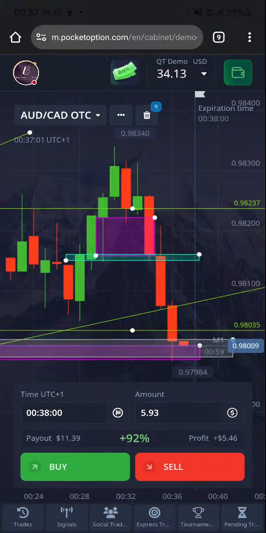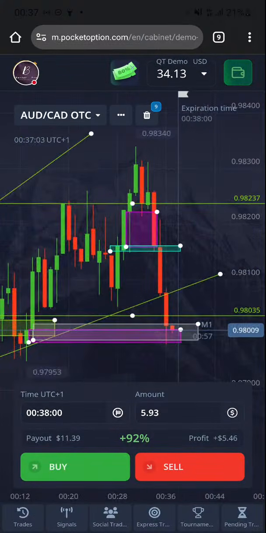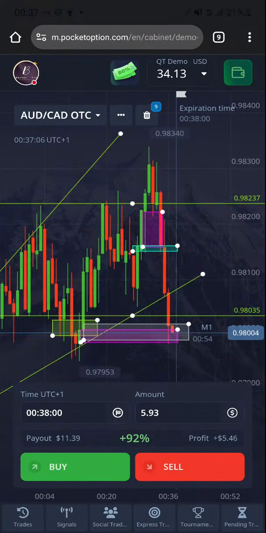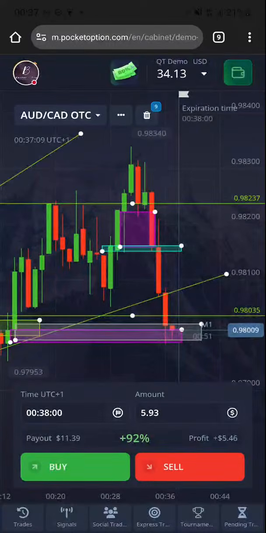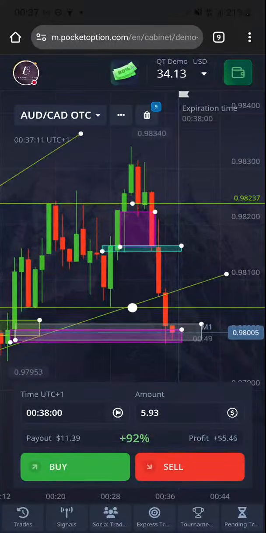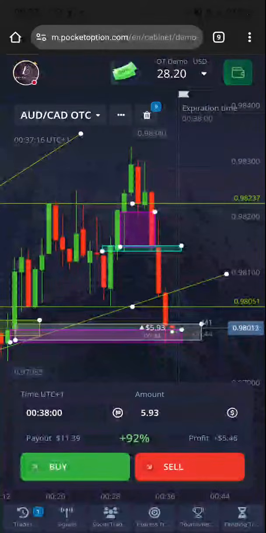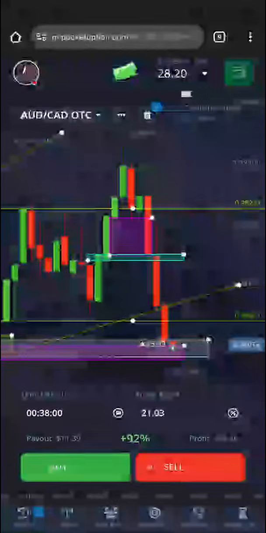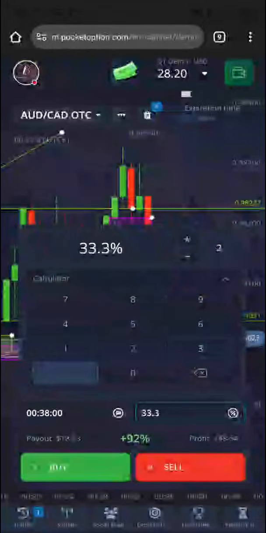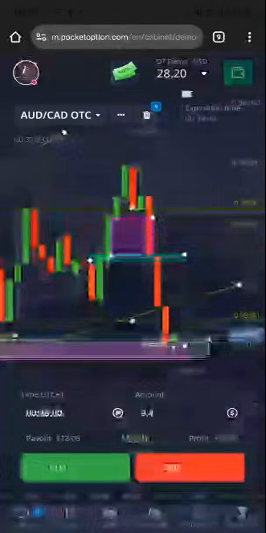Okay, we seem to have enough buy orders to push the price to the upside. But I still believe that the buyers might actually come in. You know what, let's go with the buyers. I still believe we'll have buyers coming into the market.